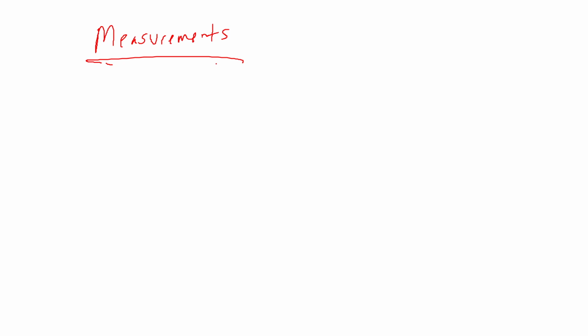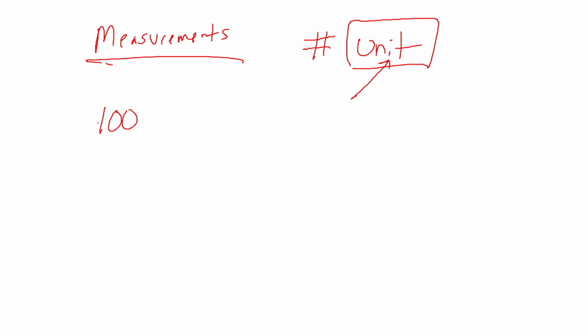So remember, when we take measurements, it's really important that there are two parts: we need a number and we need a unit. Out of those two, I would say the unit is left out a lot of times by people. And why is the unit important? Well, if I have 100 of something, I have absolutely, positively, guaranteed no idea what that means.